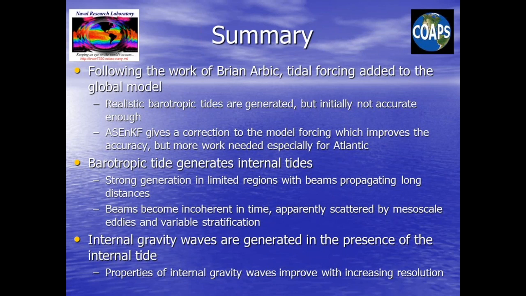And so I have an increasingly realistic picture of what the global ocean looks like. And we know, for example, that if we increase the resolution of the model, we should do a better job in filling in the internal gravity wave spectrum. It's just a very expensive calculation to do.